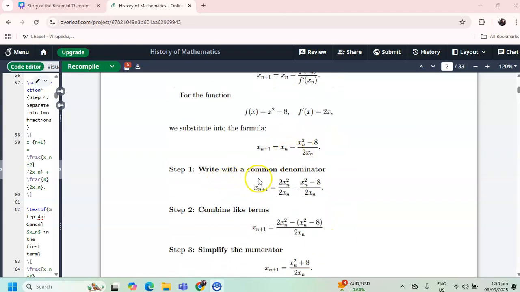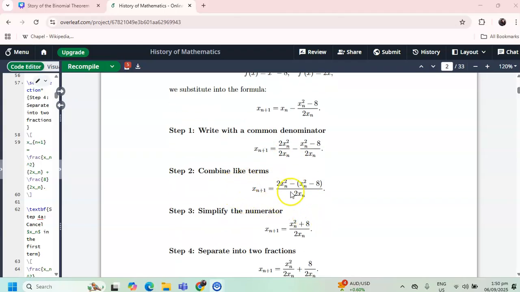First, we write with the common denominator. Next, we combine like terms. We distribute the negative sign, negative x squared and positive 8. So we have 2x squared minus x squared, which is x squared, and negative times negative 8 is positive 8. Now we have simplified the numerator.